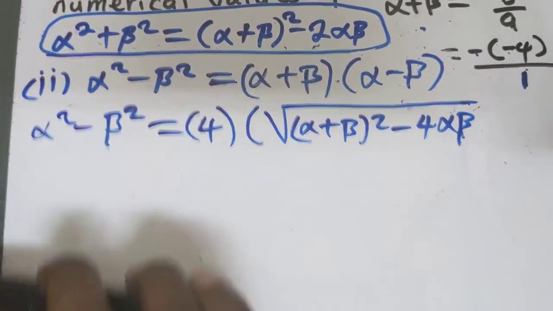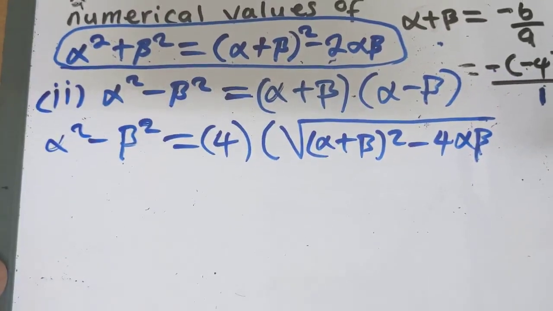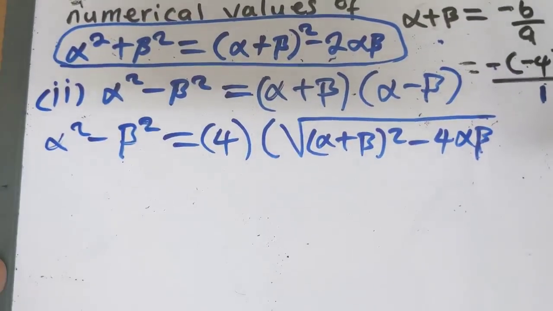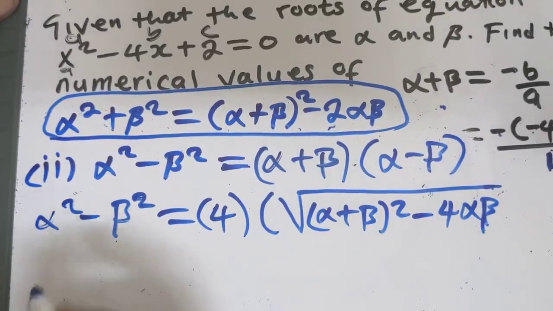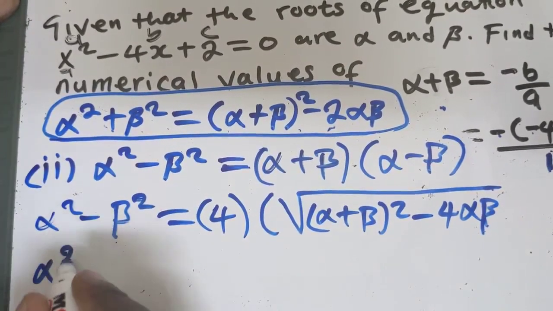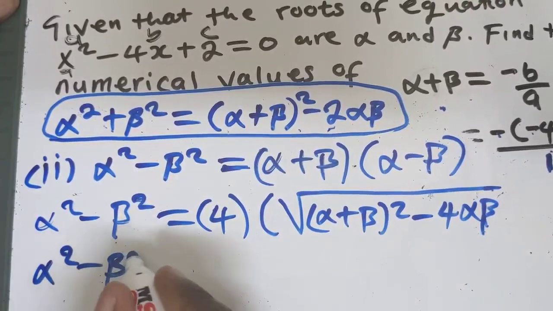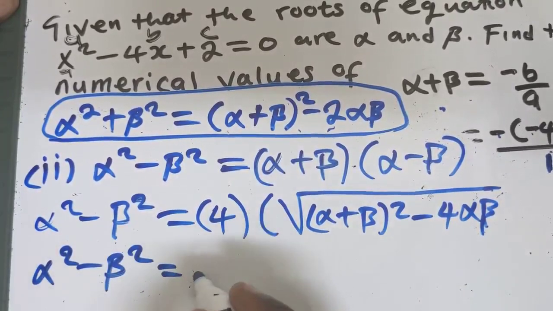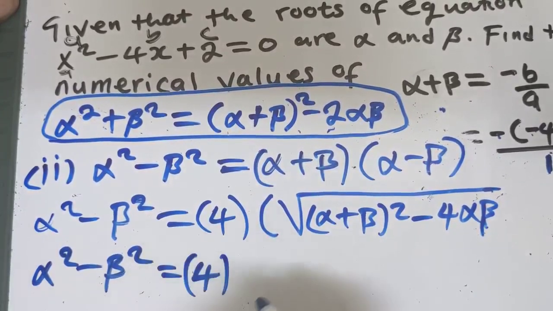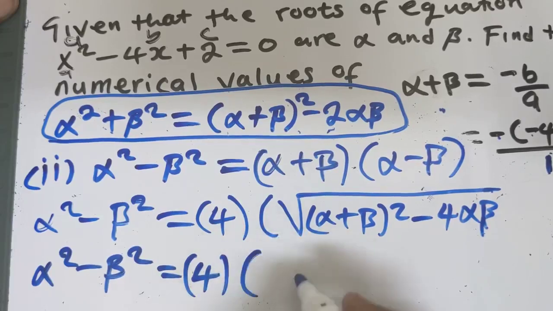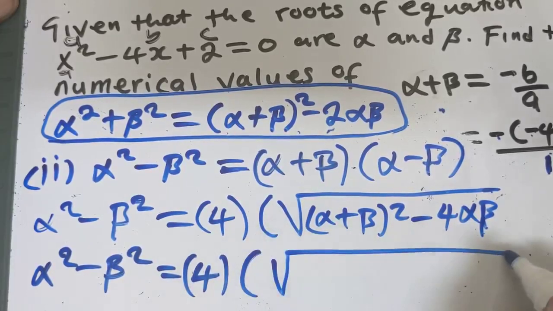I hope you are understanding. Okay, so now we are solving this. So this is alpha to the power 2 minus beta to the power 2 is equal to 4 multiplied by the root of this part.